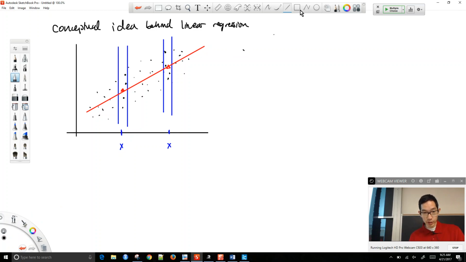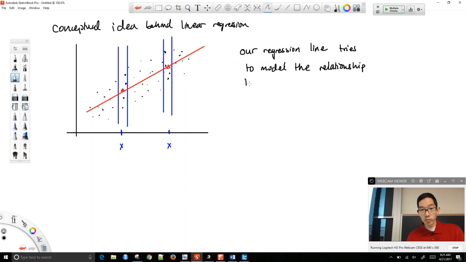Our regression line tries to model the relationship between x and the mean of the y values at that x.